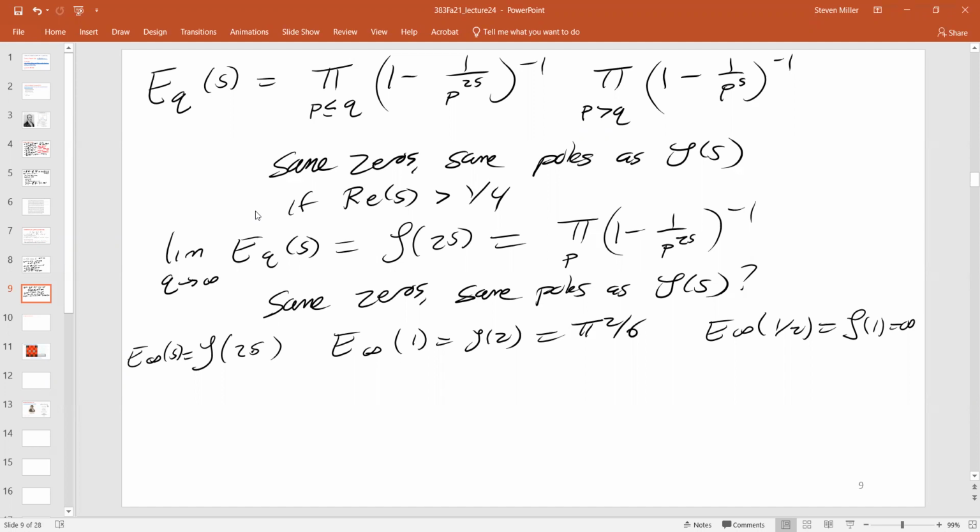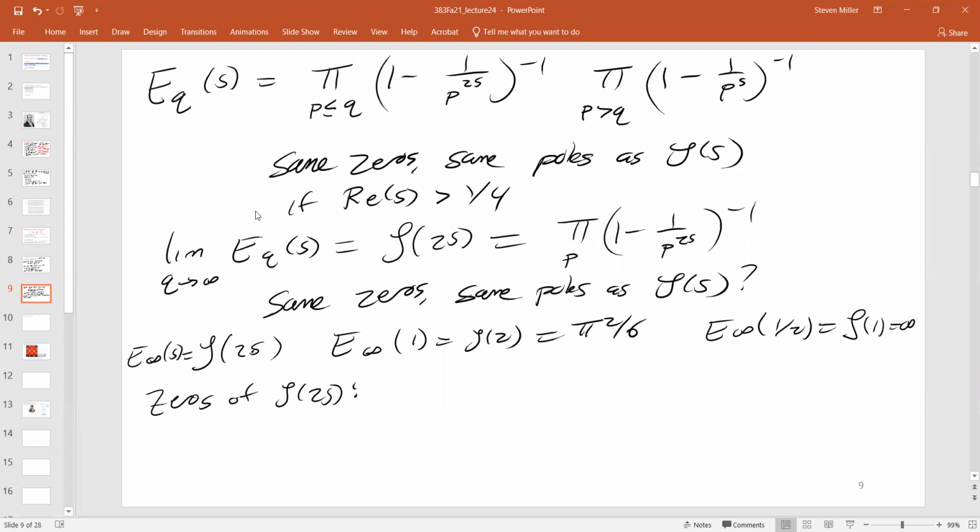What do you know about the zeros of zeta of 2S? What must be true about them? Can you tell me a region where zeta of 2S is non-zero? Not the line real part one.